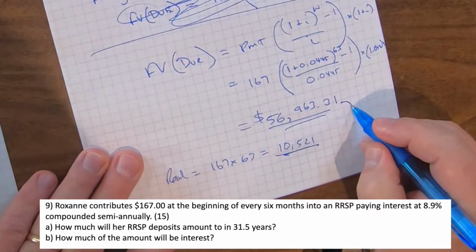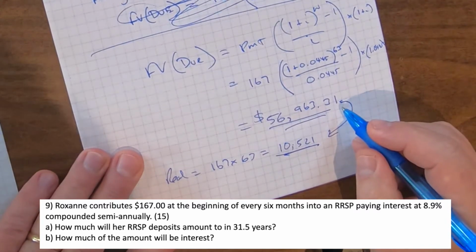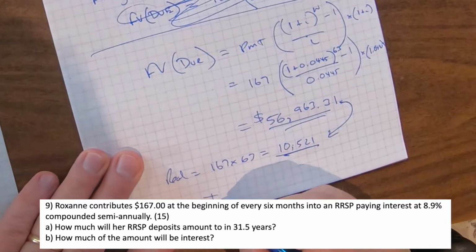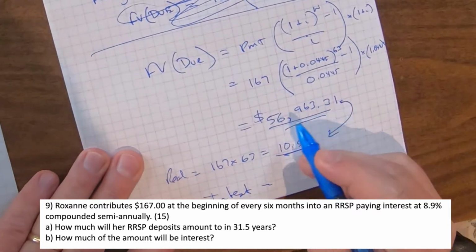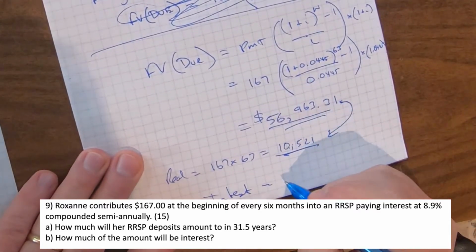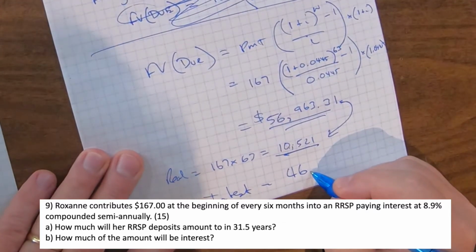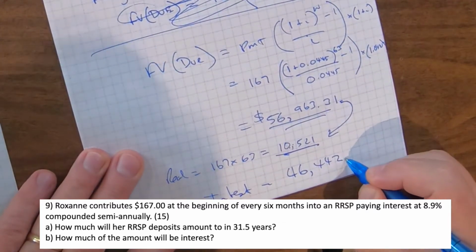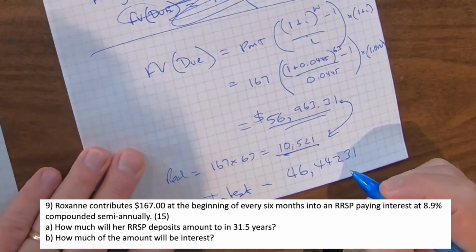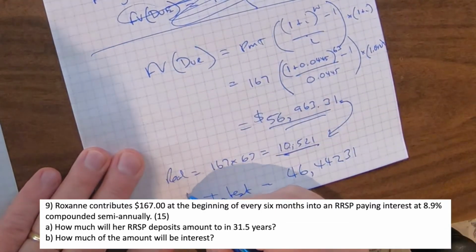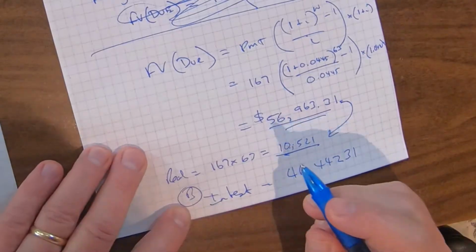Now the difference between this and this must be the amount of interest. So if we calculate 56,963 minus the 10,521, that would come to 46,442.31, and that is part B, which is how much interest accumulated.